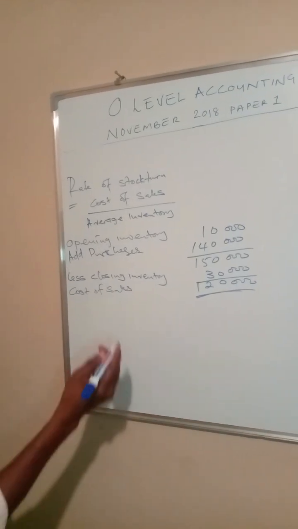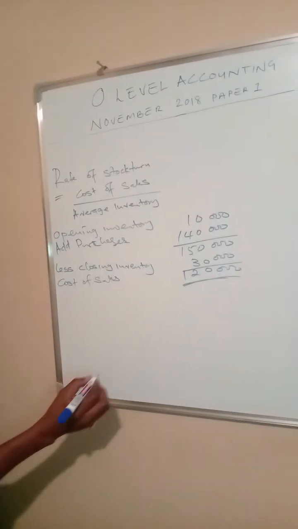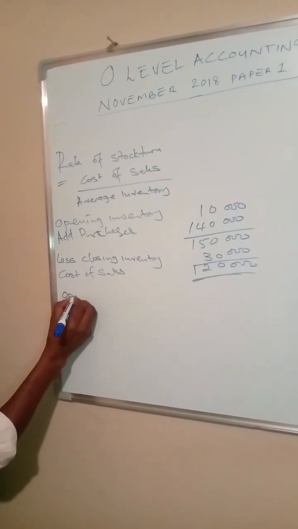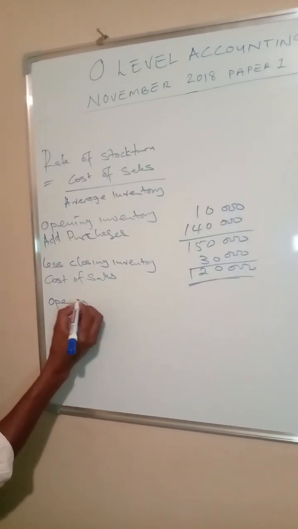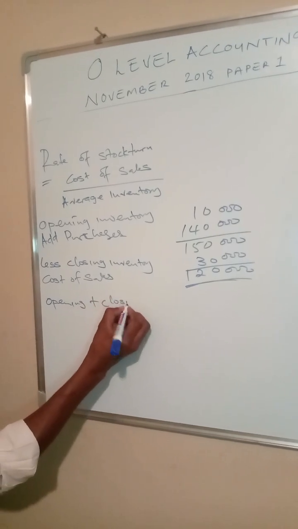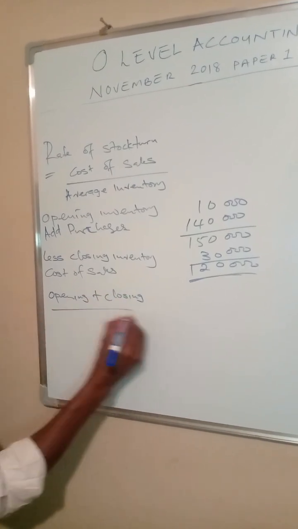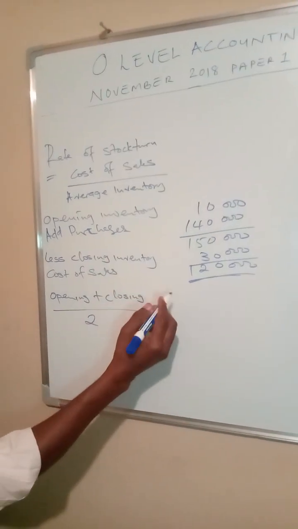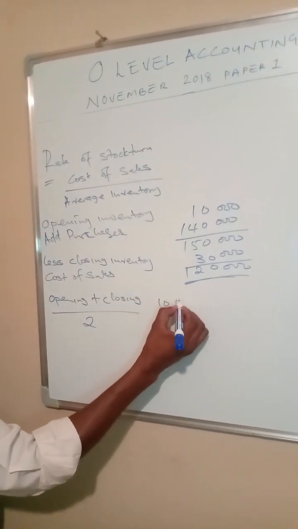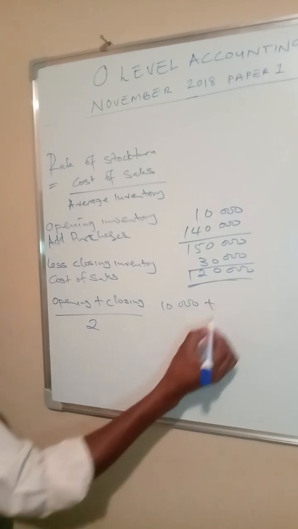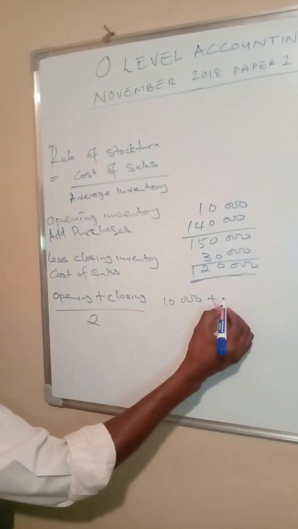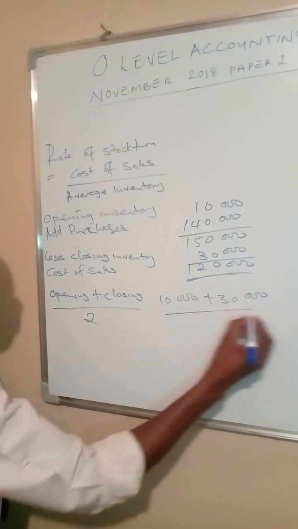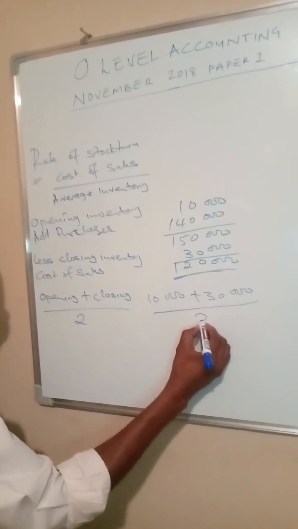Now let's work on average inventory. Average inventory is opening plus closing divided by 2. What do we have here? Our opening inventory is 10,000. Add closing inventory 30,000, divided by 2.